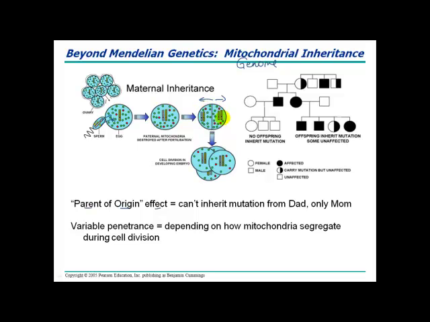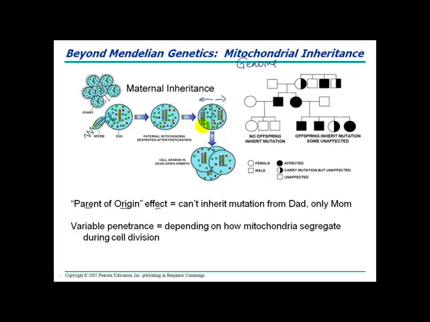And so we might expect that if that's a deleterious mutation in the mitochondria that's causing a negative impact, then all of the daughter cells that are produced from this cell are going to be negatively impacted, and the daughter cells from this cell are going to be less negatively impacted.